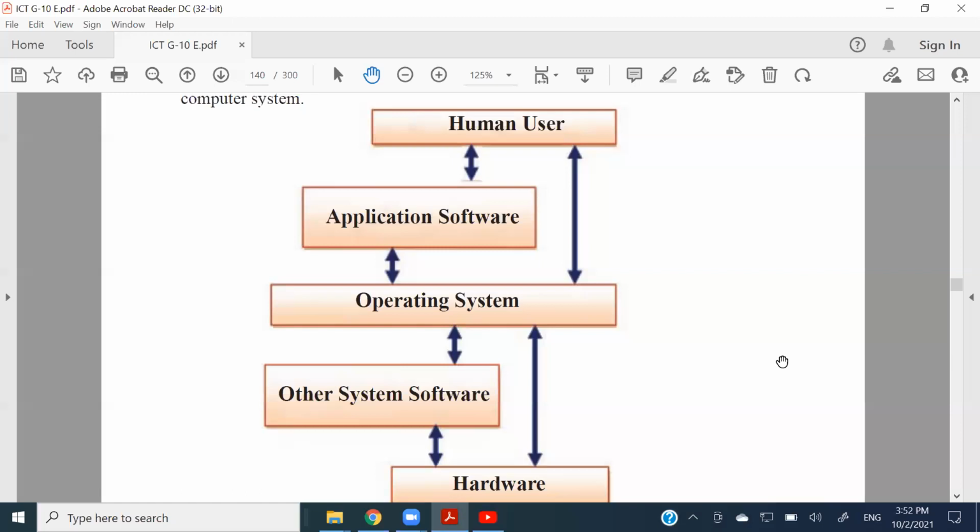So one particular program may create only one process or many processes, right? Then that process is the one which is loaded into the memory. To create the process and to load the process into the memory, it is the operating system that is helping, right? And other system softwares, what are the other system softwares we talk about?